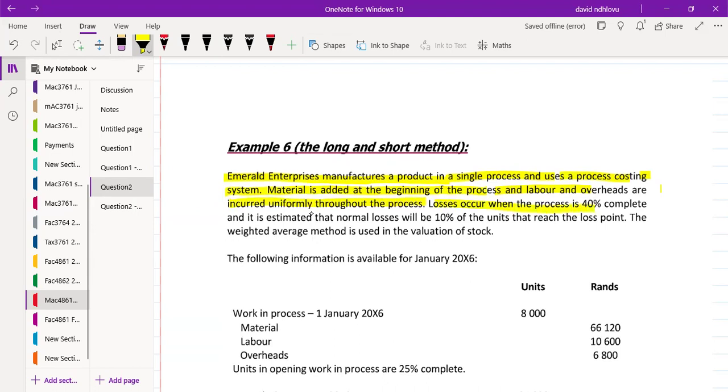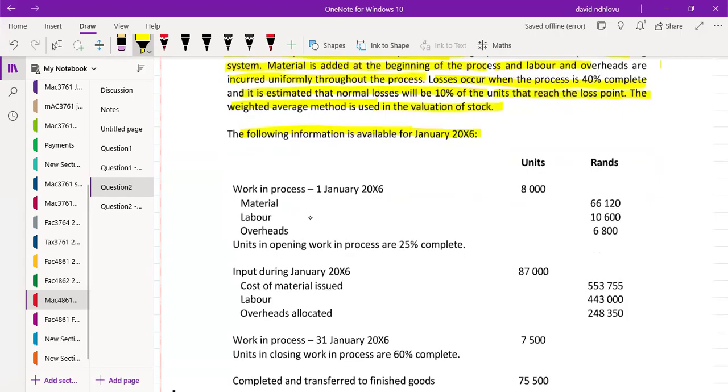Losses occur when the process is 40% complete and it is estimated that normal losses will be 10% of the units that reach the loss point. The weighted average method is used in the valuation of stock. The following information is available. I'll be explaining some of the terms used there as we go along. We then have units, we then have the rand value.